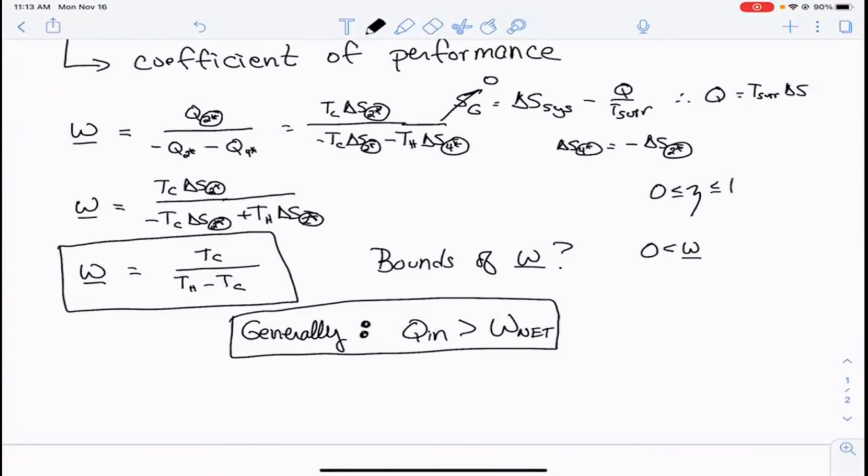And in fact, coefficient of performance between like 4 and 10 are pretty normal. If you were to actually look at some designed systems, and we will actually, when we move past the Carnot refrigerator, calculate a lot of coefficients of performance, you'll see that they're certainly greater than 1.